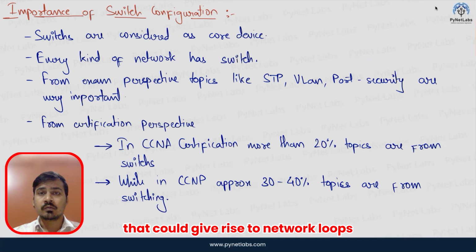That could give rise to network loops, and that is a very bad thing for a network. If you don't treat it as early as you can, it might lead to further network issues. That is why understanding switching is a very important concept in networking, and if you want to implement a good network, understanding switching is very, very important.